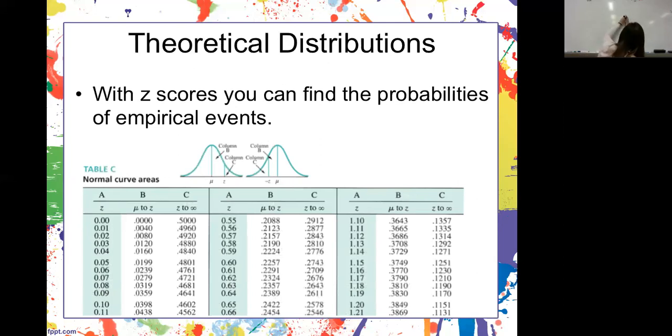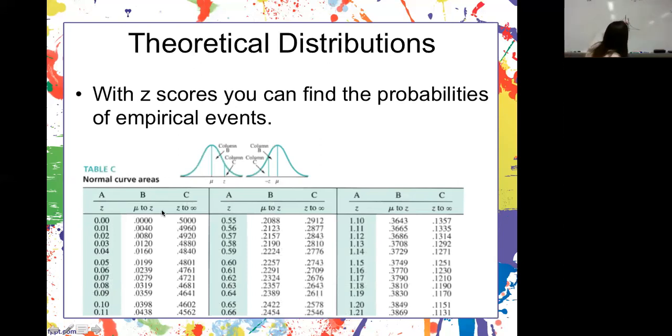So say we're looking at a z-score of 1. Say we are interested in what proportion of the distribution falls between the mean, or 0, and 1. We would use our column B there, our mean to z column.